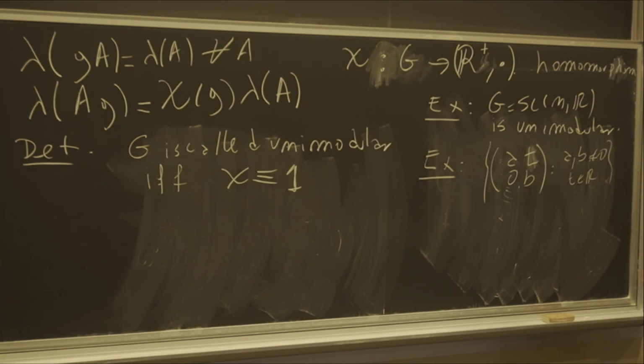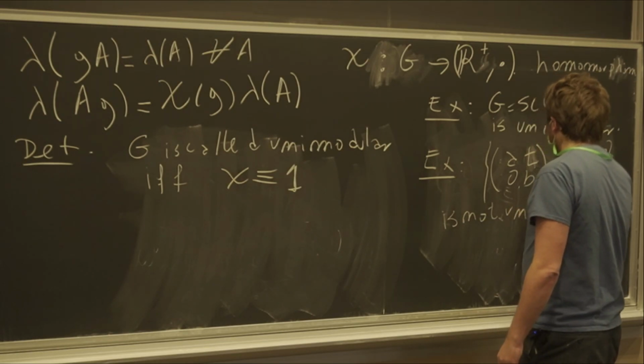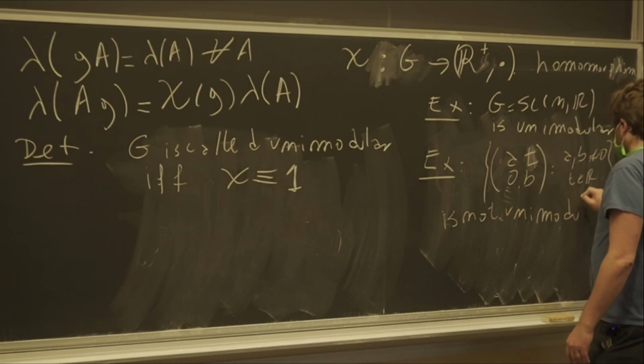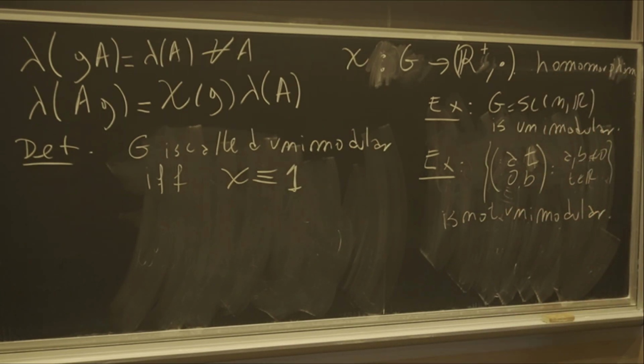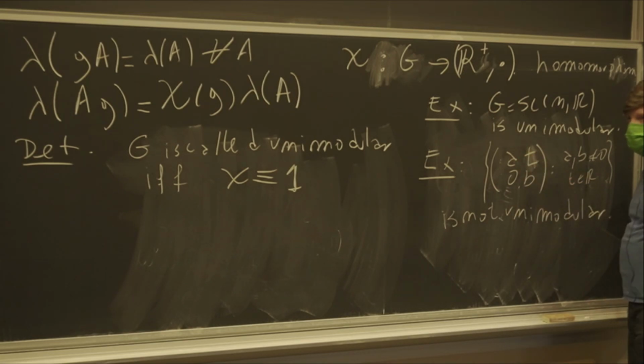So this group of upper triangular matrices is not unimodular. So left multiplication is not the same as right multiplication. And even if I restrict to the case that A times B equals 1, it is also not. So these are very bad guys, for this unimodularity, well, bad or good.